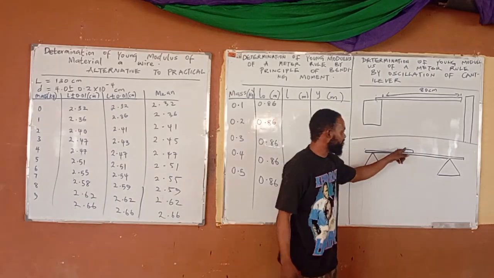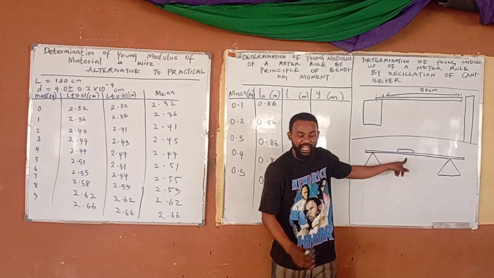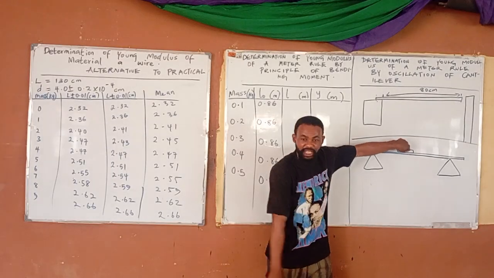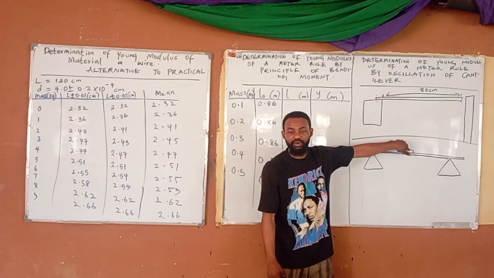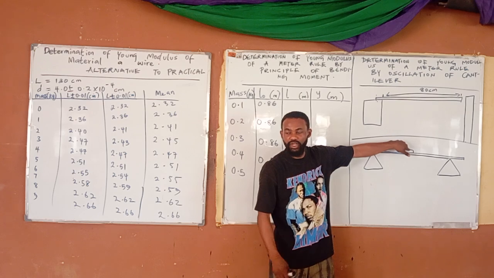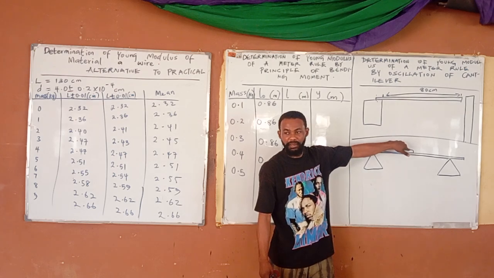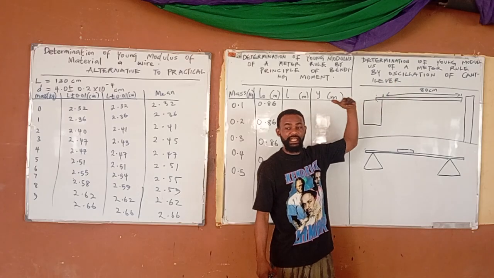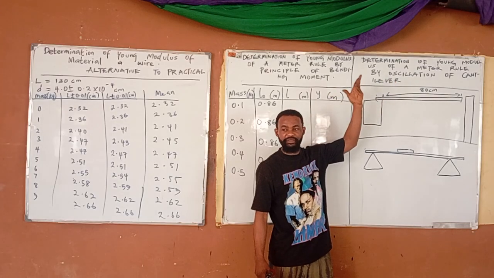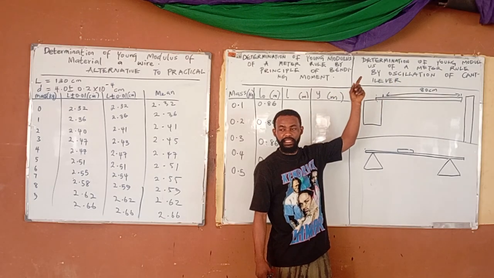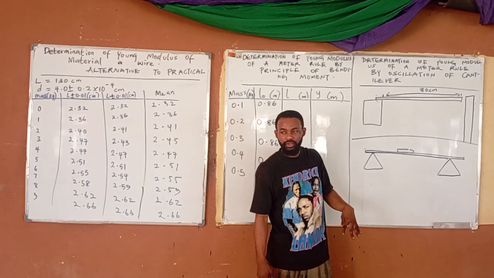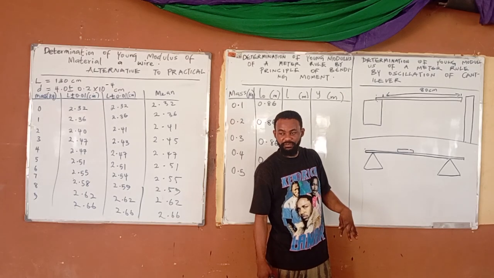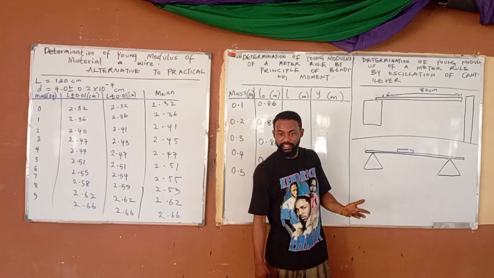If this small mass just breaks the meter rule, it simply means that the meter rule is very stiff, not flexible. That means the Young modulus will be high. The higher the stiffness, the higher the Young modulus. I've said it in the first class. And the lower the Young modulus, the lower the stiffness, which means the higher the elasticity.